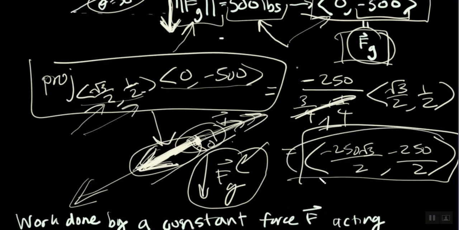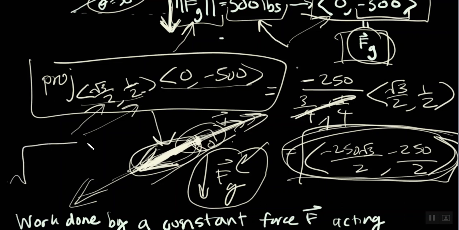So apparently, we haven't really solved this problem yet because we actually have to find the magnitude of this vector in order to find the actual force due to gravity in the direction or in the line of motion. So to find the norm of this, or the magnitude of the force, we simply do some math. So in this case, we take the square root of, well, this squared. Now what is that squared?